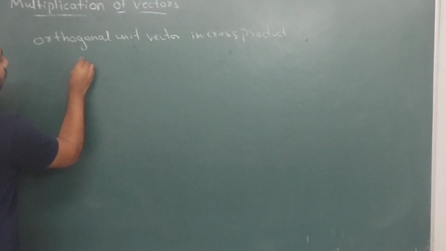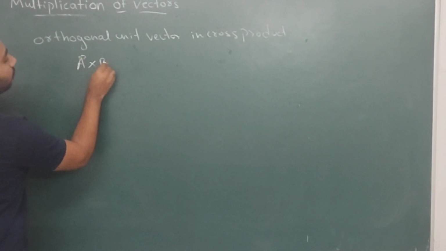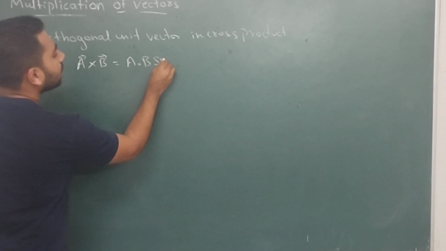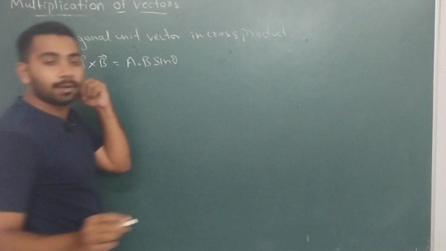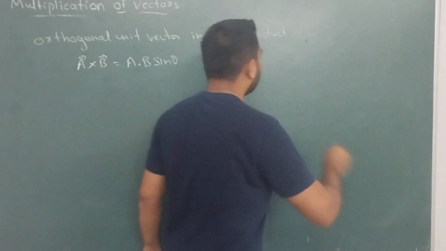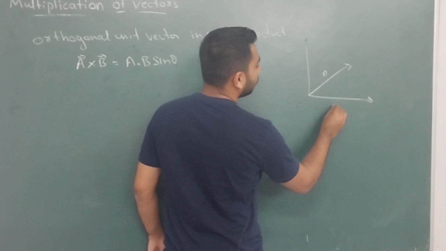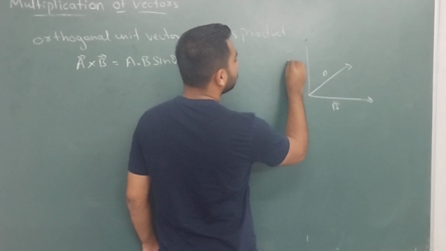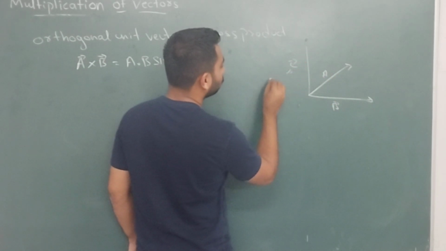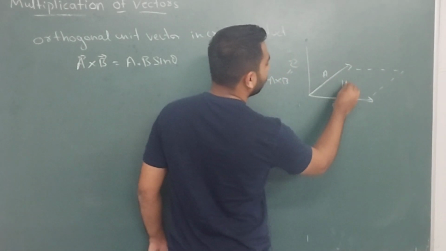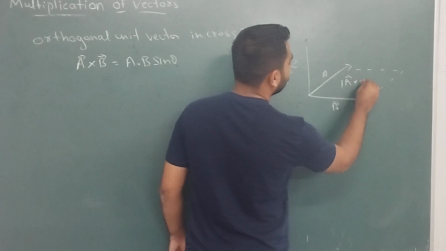Vector A cross B is equal to the magnitude of A, B, sine theta. If it is A and it is B, this becomes C, which is equal to A cross B, perpendicular, and this is equal to the area again, A cross B.